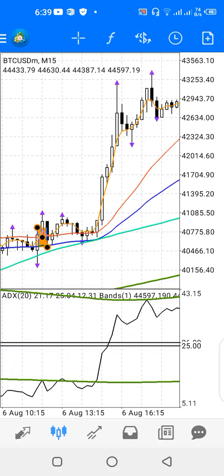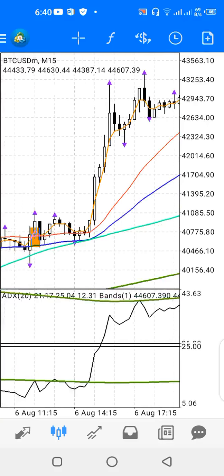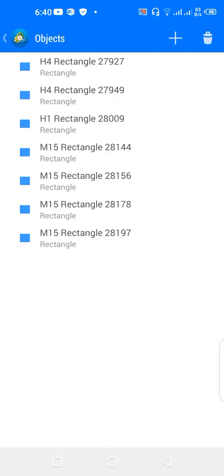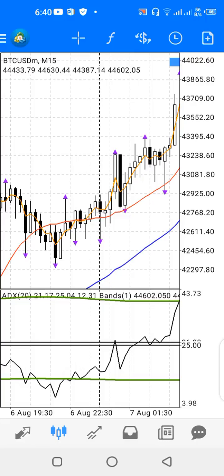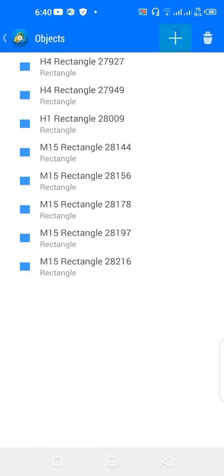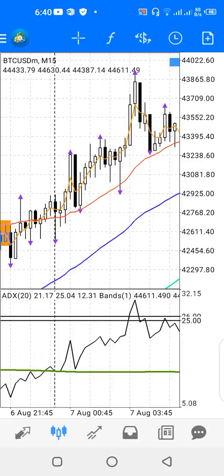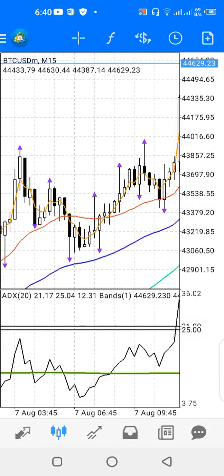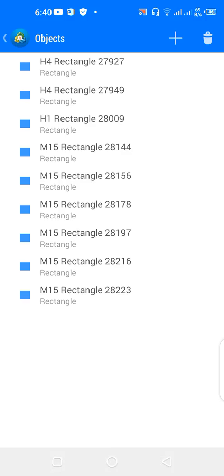So in as much as price breaks out on a 15 minutes time frame above the red line, you can always buy. Of course, you apply caution around here when price dipped below the red line, and then you can enter the buy trade at the point where you have a close of price on a 15 minutes time frame above the red line.